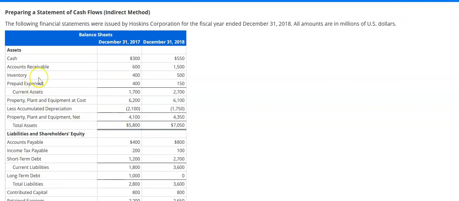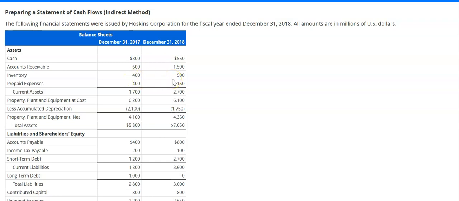So let's come up here and grab that. Inventory was 400. Now it's 500. So we're going to do the exact same thing that we did with accounts receivable. All we have to recognize is that there's $100 in the gross.